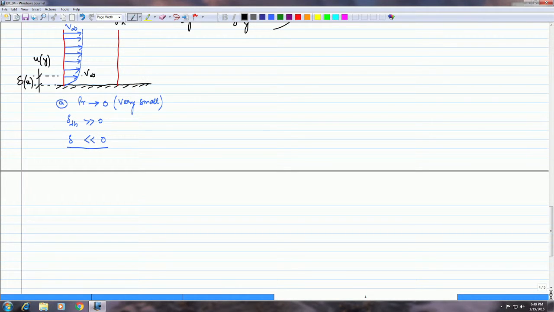Now, the thermal boundary layer, however, is very large. So what does that mean? So what that means is that, say, I have this as the wall temperature, and this is my free stream.